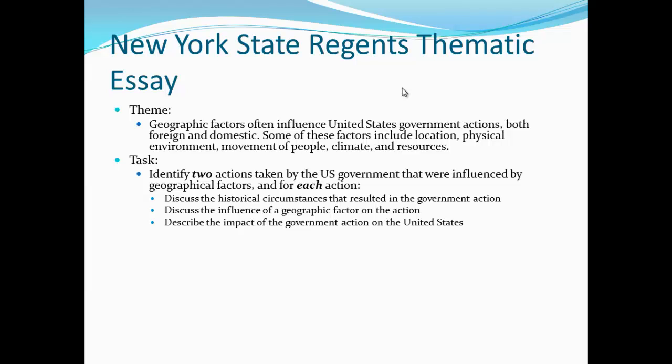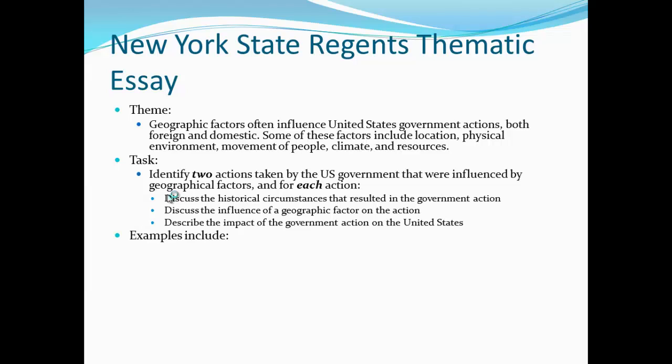Okay, so there's a lot there. Notice guys, that it says identify two actions, and for each one, you have to address each of these bullets. So that is a total of 6 things you will be addressing. Mr. Lawrence, can you just choose one action and one bullet point? Absolutely not. Make sure you address both actions and all 3 bullet points for each.